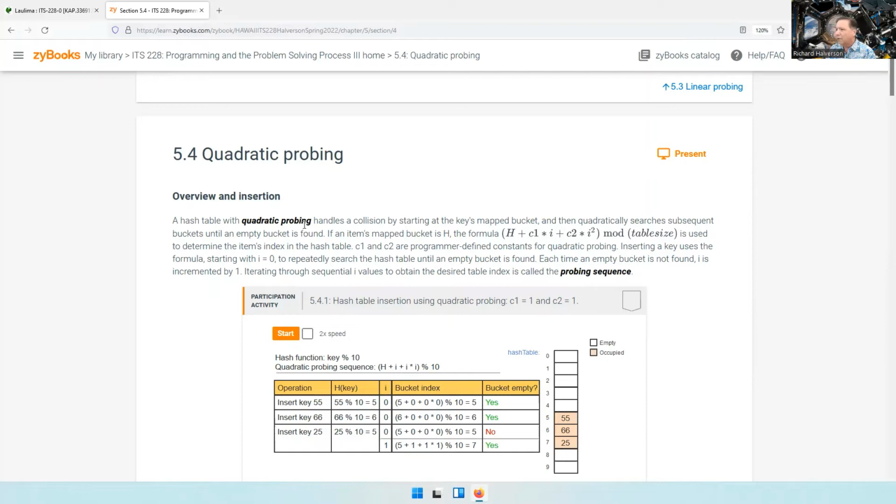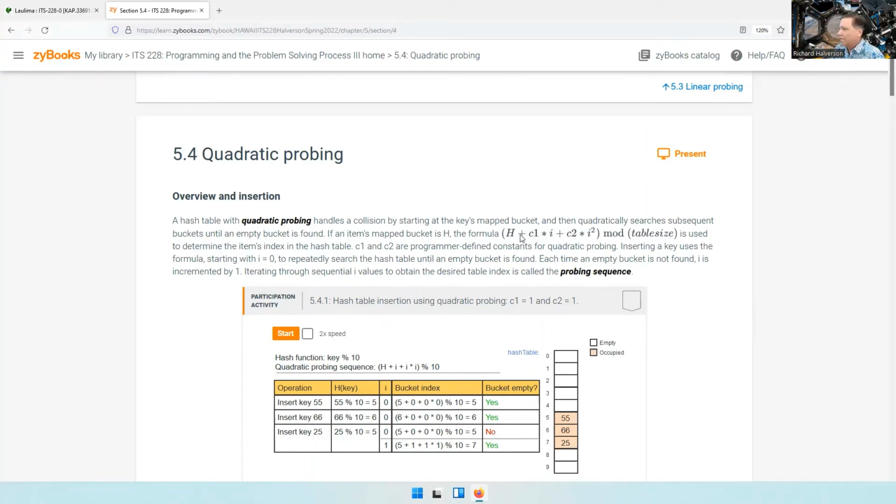Linear probing is just C1 equals 1 and C2 equals 0. Okay. If C1 equals 1 and C2 equals 0, then that's exactly what linear probing is. But with quadratic probing, we add this square term, and the coefficients of the I term and the I squared term can be different than 1, to make the jumps longer or whatever.